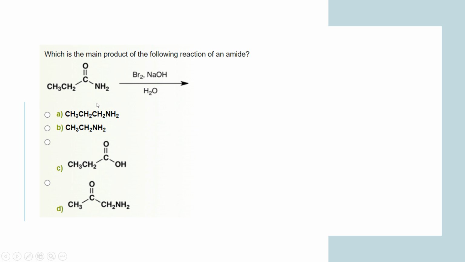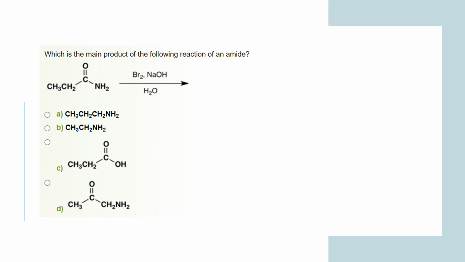So, out of A and B, since amine is the final product, either A or B will be the main product. Okay. So, out of A and B now, we have to choose B as the final product. Okay.